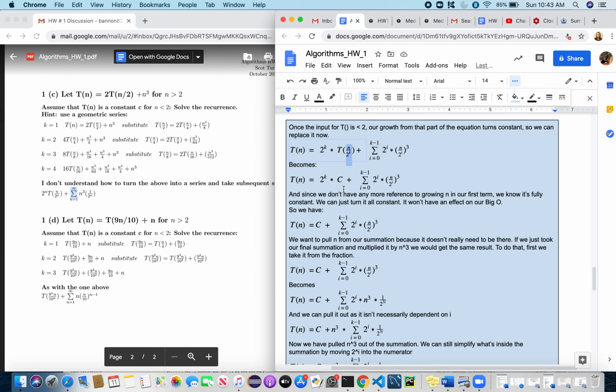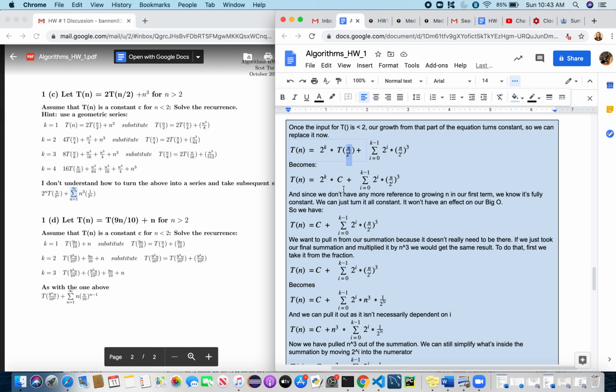The denominator is going to increase, so the fraction overall is going to decrease.